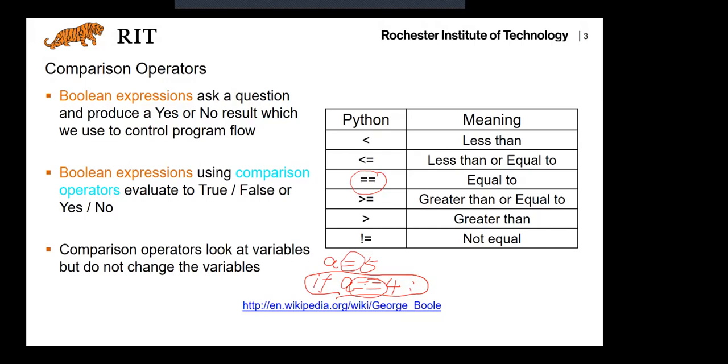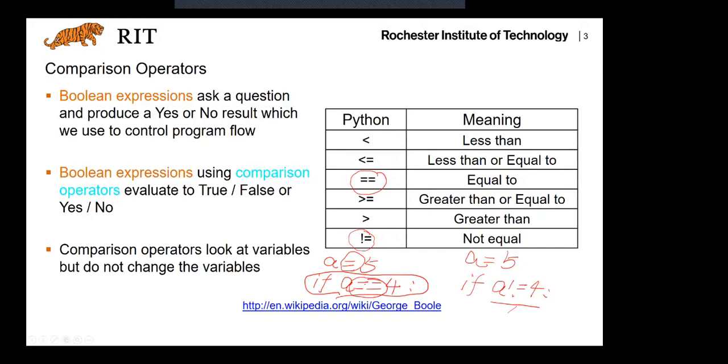Another one is this not equal. It's the opposite of equal. So for example, if we still have a, and we assign 5 to a, and this time we check whether a is not equal to 4. In this case, a is 5, so a is not equal to 4. So this will return true. That means this condition is satisfied, and the next step will run the code under this if.